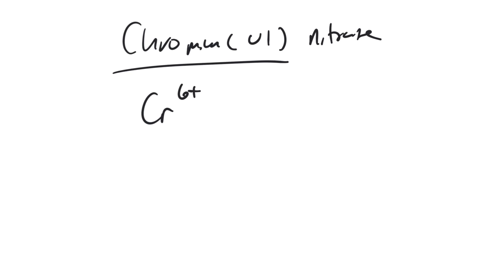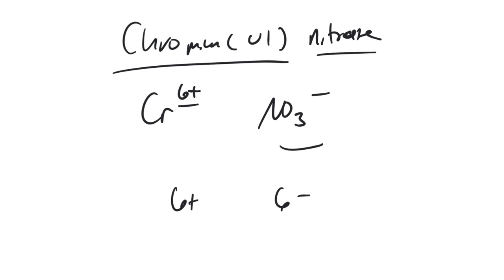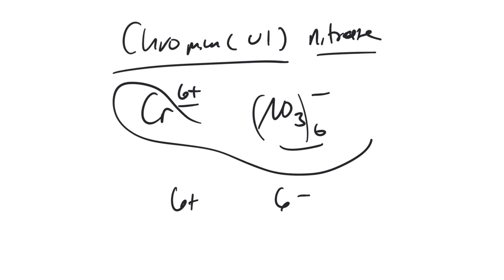So that's what the 6 means. And then nitrate is just the NO3 minus ion. An ionic compound should be charge neutral, so I have to take the 6 plus and come up with a 6 minus, so I need there to be 6 of the nitrate ions. So this would be chromium, NO3 in parentheses, 6.